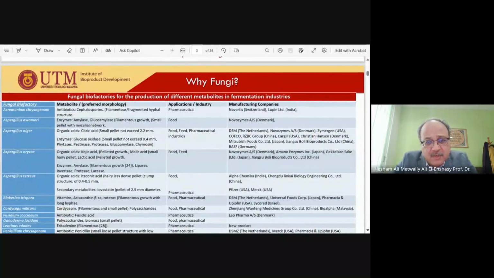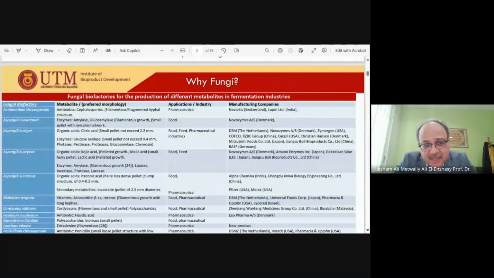First, why fungi? This is the question. If you talk about fungal biofactories for the production of different metabolites in the fermentation industry, there are many types, like Acremonium chrysogenum, which is the most famous one, which produces cephalosporins and penicillins, used in pharmaceutical manufacturing companies, usually Novartis until now, and Lupin in India.